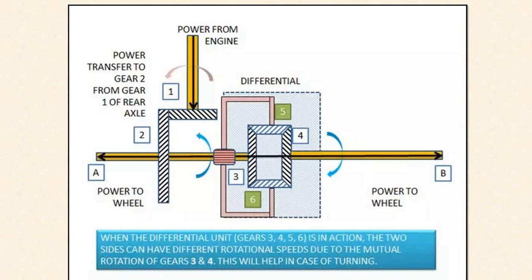So this block diagram represents the action taken by the differential gearbox. Generally the inner and outer wheels of a moving vehicle do not always rotate at the same speed because of road conditions, and especially when the vehicle has to take a turn.